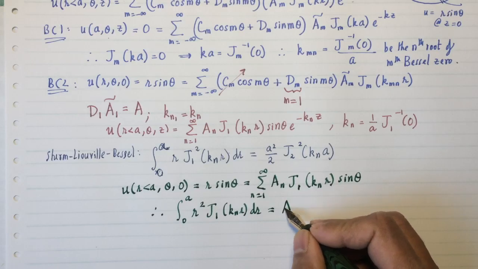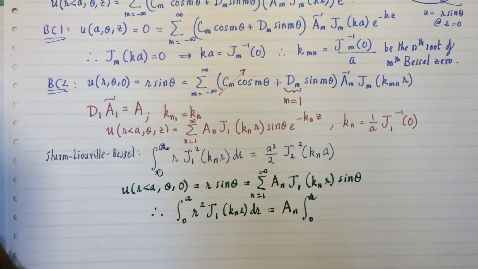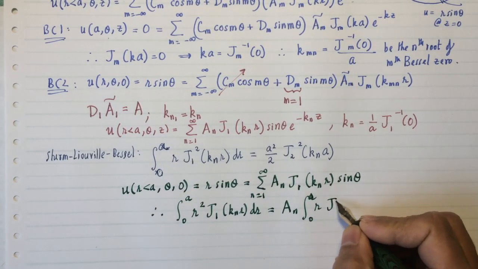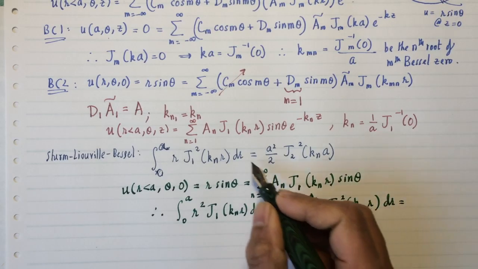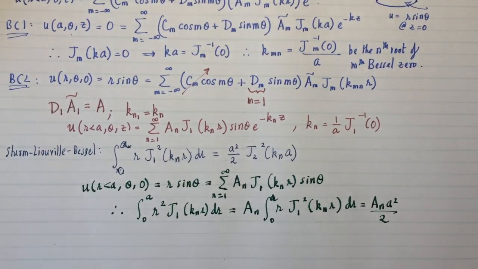So that's going to be an integral from 0 to a of r times J1 squared of k_n r dr. And by this Sturm-Liouville Bessel theorem, we know this is equal to a_n a squared over 2 J2 squared of k_n a.